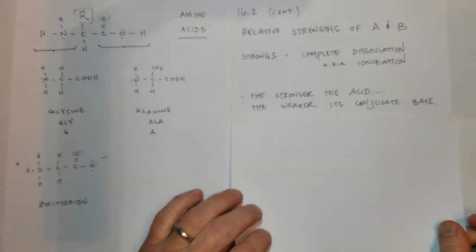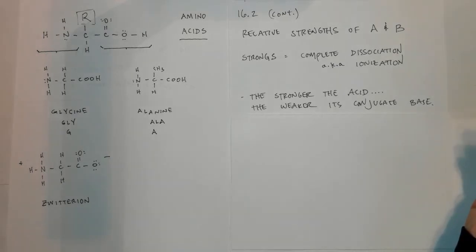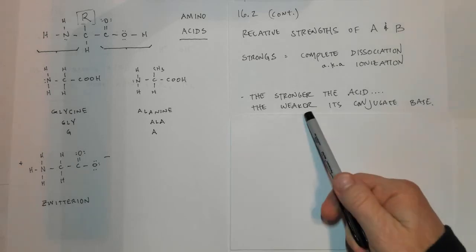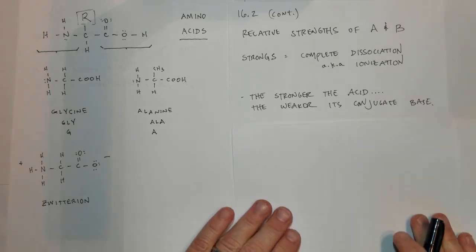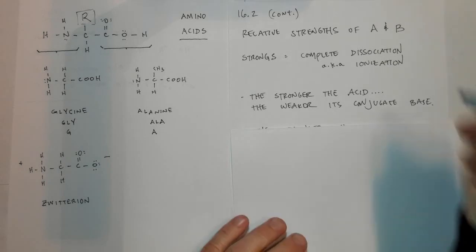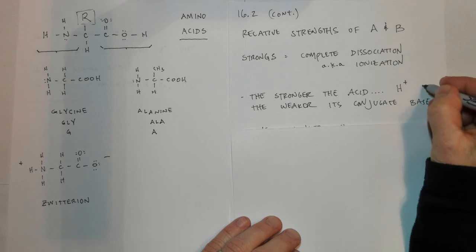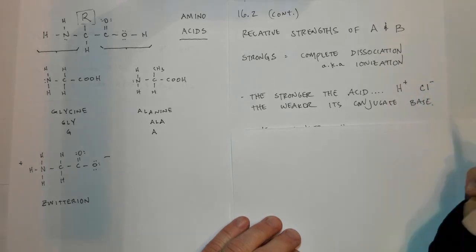The stronger the acid, the more it wants to break up and form H pluses and whatever the anion is. And then the anion, what's left over after the acid has released a proton, is very, very weak because it does not want to join back and become that strong acid. For example, HCl in solution forms H pluses and Cl minuses.